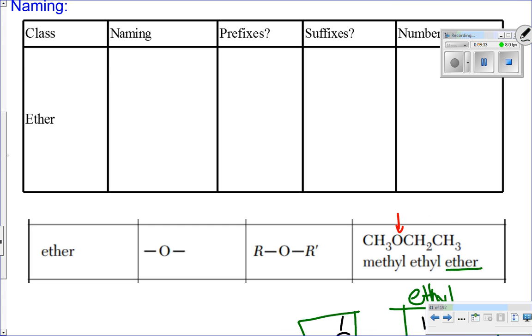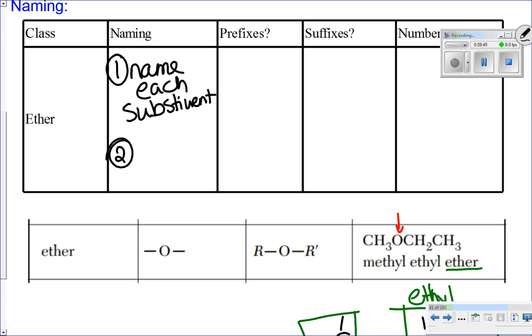So for our naming, we're going to name each branch or substituent, and then we're going to put the name ether on the end of this. So our prefix will be our substituent.